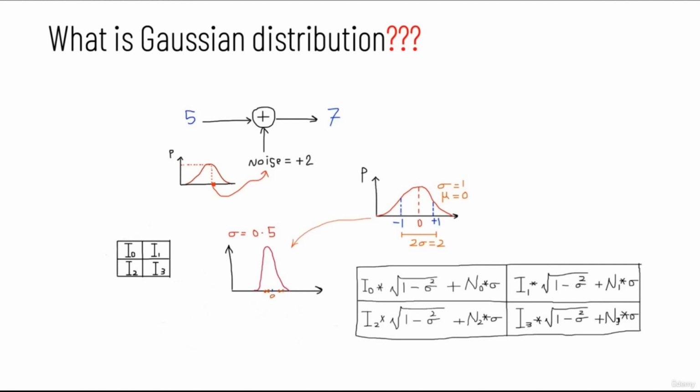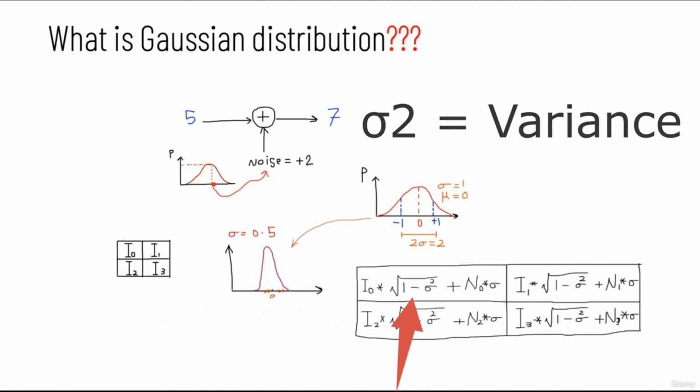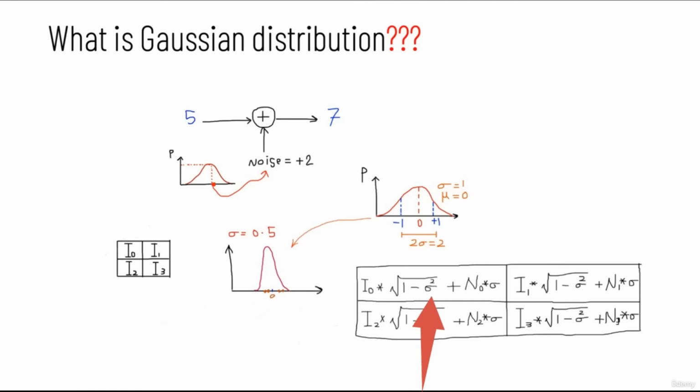We will multiply our original information, let's say I0 here, with the square root of 1 minus the standard deviation squared, or we can also call it the variance, plus n0, which is a noise that we took from the standard normal distribution, where the standard deviation equals 1 and the mean equals 0, times the standard deviation.